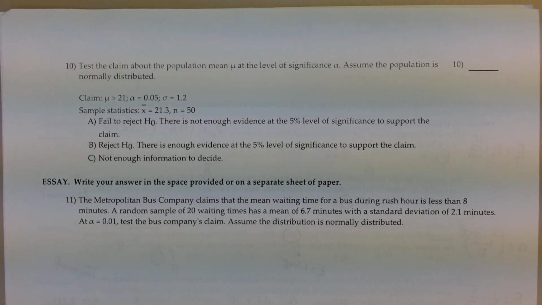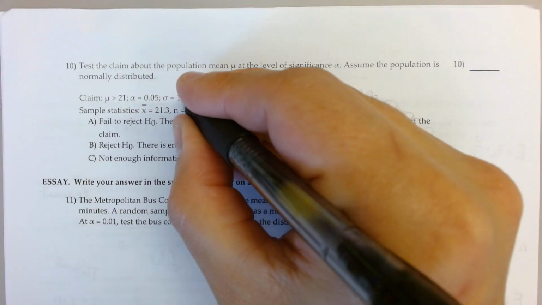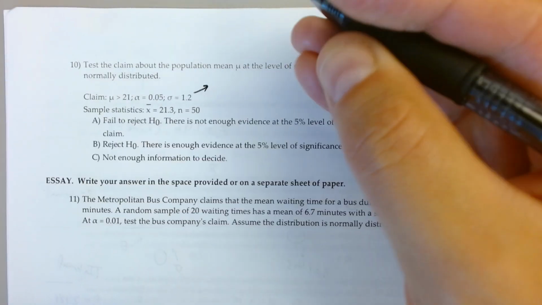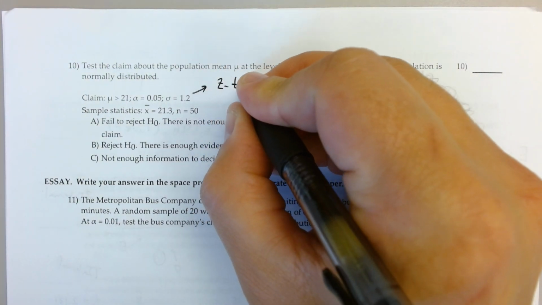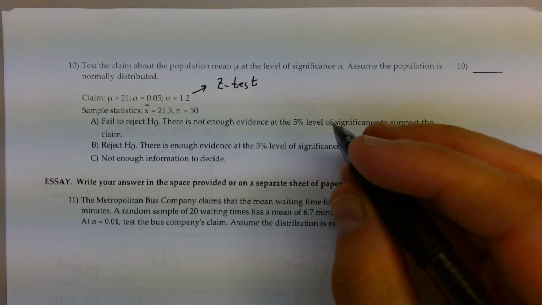Okay, so we first need to figure out what kind of test we're doing. We are given sigma here, so that is telling us that we are doing a z-test. And if we do this using the traditional method, we would first find our critical value.